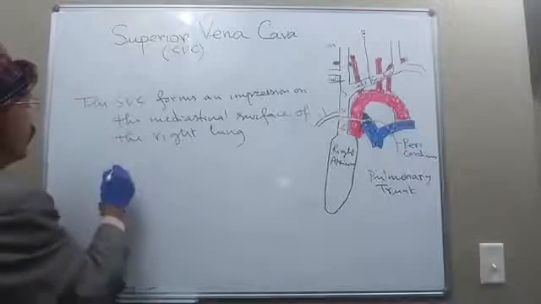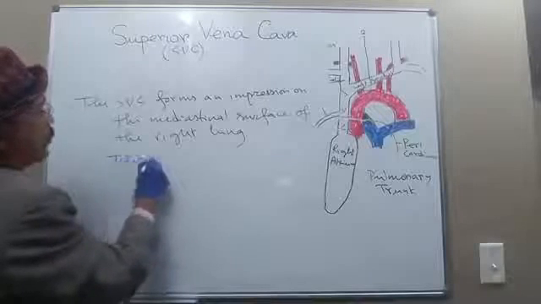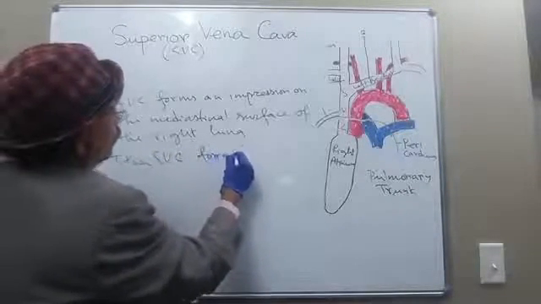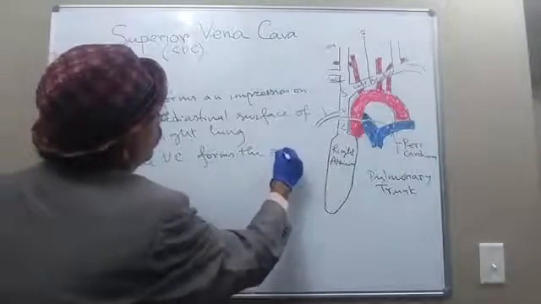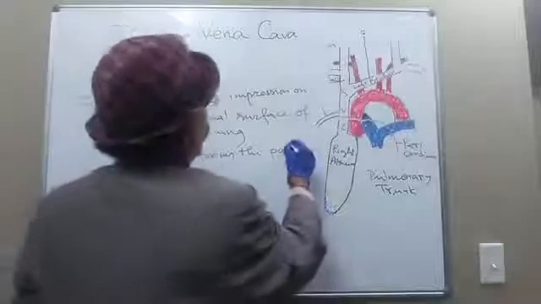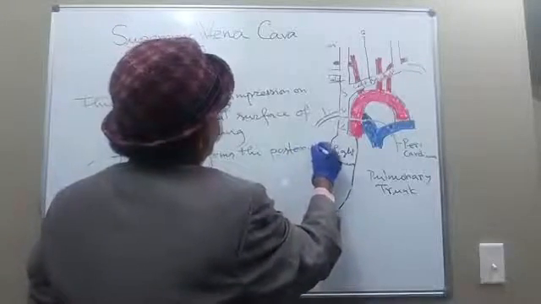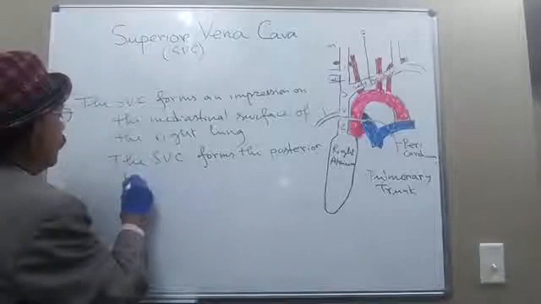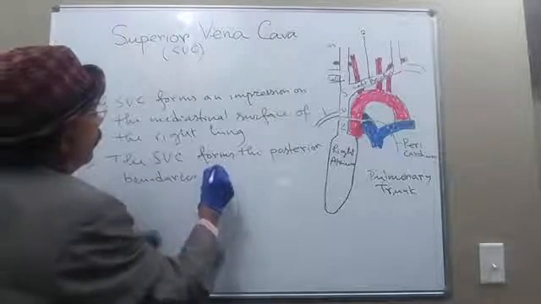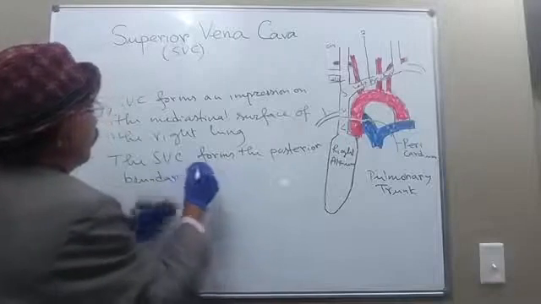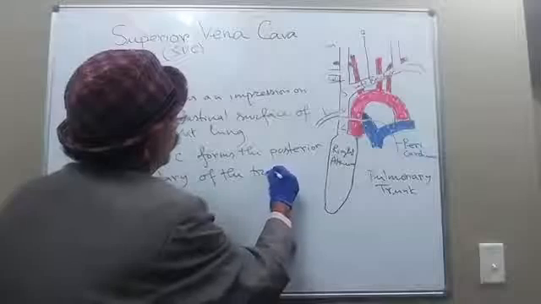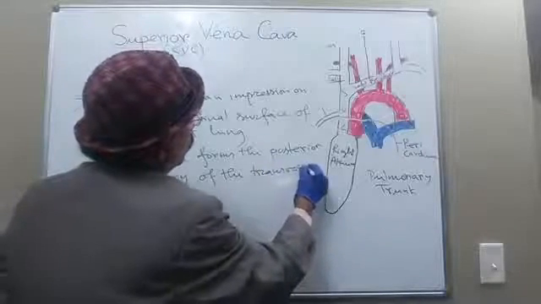Another one is that the SVC, or superior vena cava, forms one of the posterior boundaries. It forms the posterior boundary of the transverse pericardial sinus.